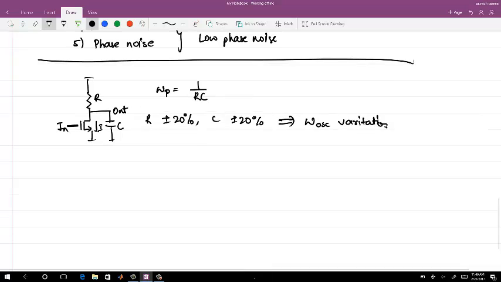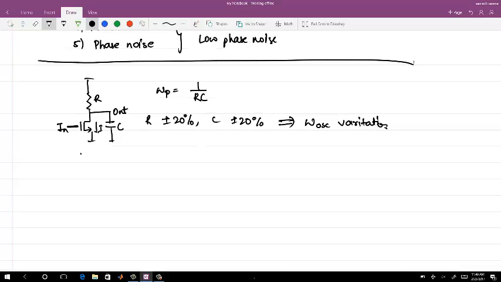But if I turn the question around, and say I want to vary the oscillation frequency, what shall I do? Change R and C. At one time I was seeing it as a bad thing, now I need a knob to vary the frequency because I need a tuning range.